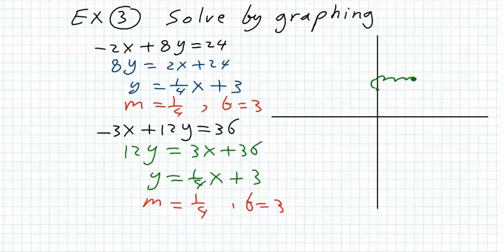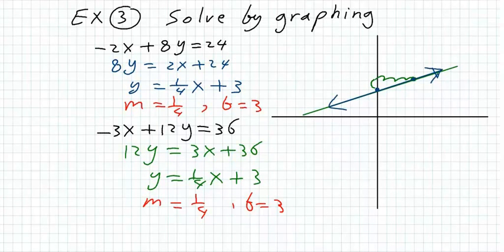Draw a line through these 2 points. The other line also has the same y-intercept and the same slope. When we draw that, there will be 2 lines, but in fact they are 1 line only.